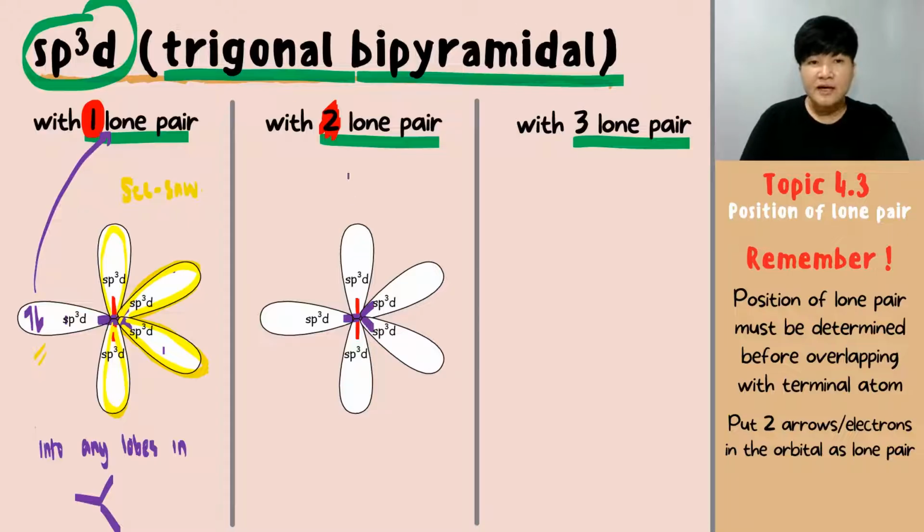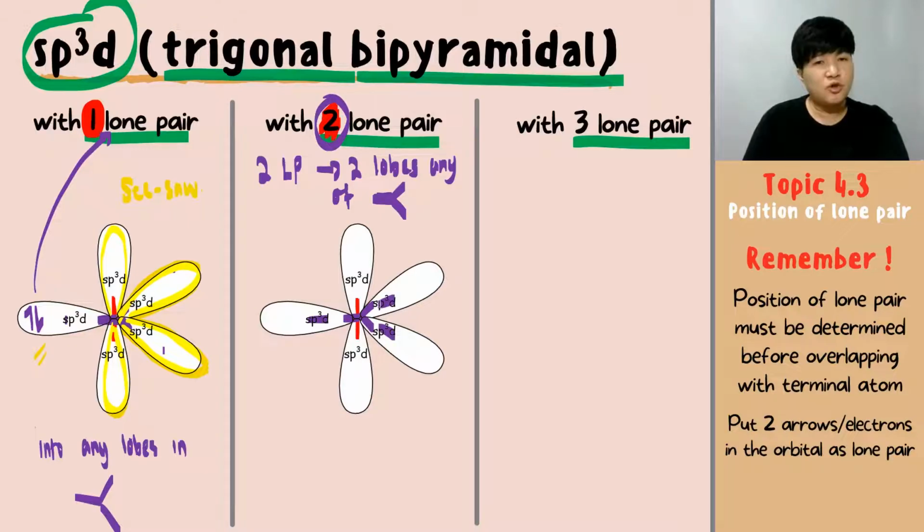When you have two lone pairs, the two lone pairs can be put into two lobes, and the two lobes are in the trigonal planar. So which two am I going to put my lone pairs in? I will choose these two.